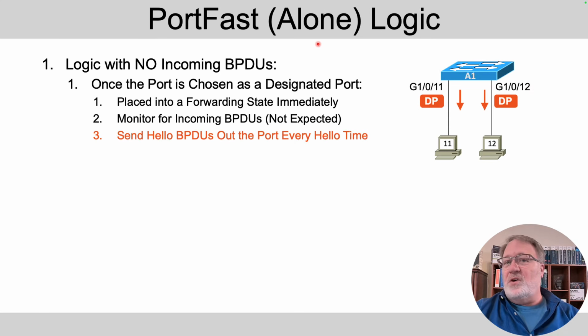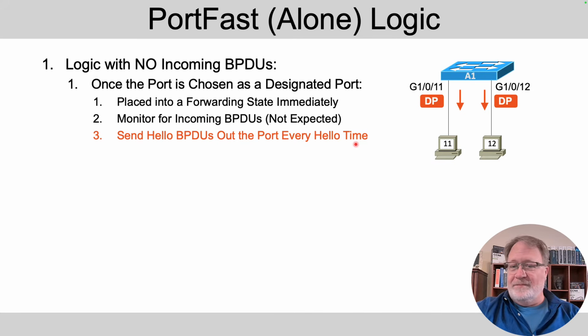So with words over here on the left, just to summarize, once the port's chosen as a designated port, it's immediately forwarding. It listens for incoming BPDUs. PortFast alone listens for those. We still haven't added BPDU filtering yet. And it sends out these hellos every hello time. So here's the deal. BPDU filtering turns that off.